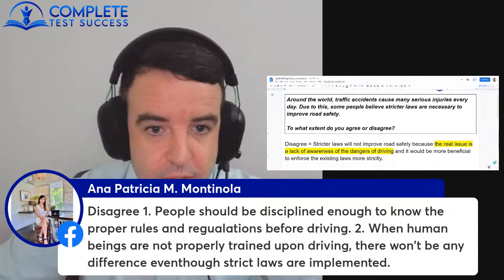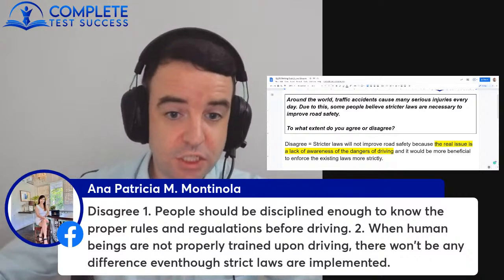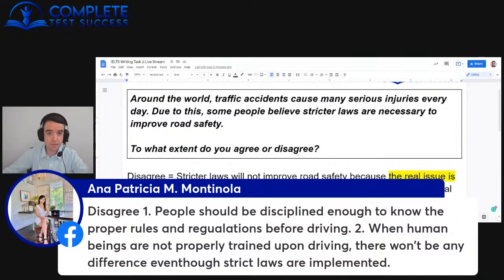Anna: Disagree. People should be disciplined enough to know the proper rules and regulations before driving. They should be, but look at that first sentence. Around the world, traffic accidents cause many serious injuries every day. So they should be, but they're not. So that, again, isn't relevant. What you've said isn't related to the question, because it's not what the question has communicated. Number two, when human beings are not properly trained upon driving, there won't be any difference, even though strict laws are implemented.